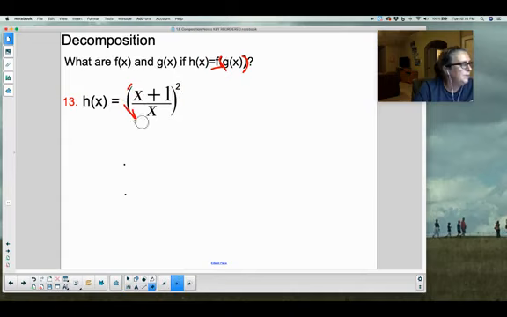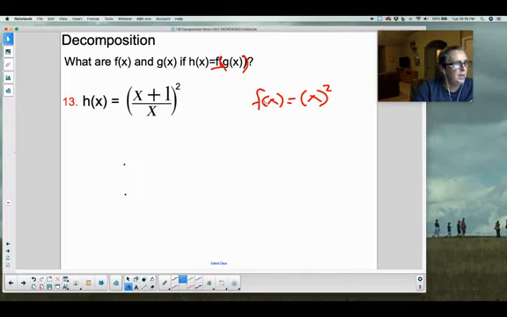Okay, so the function on the outside, when I look at it, I'm seeing that f of x is something squared. What's our input? It's x. It doesn't matter that this bit in here is more than x. We're just saying the function on the outside gets some input and squares it.